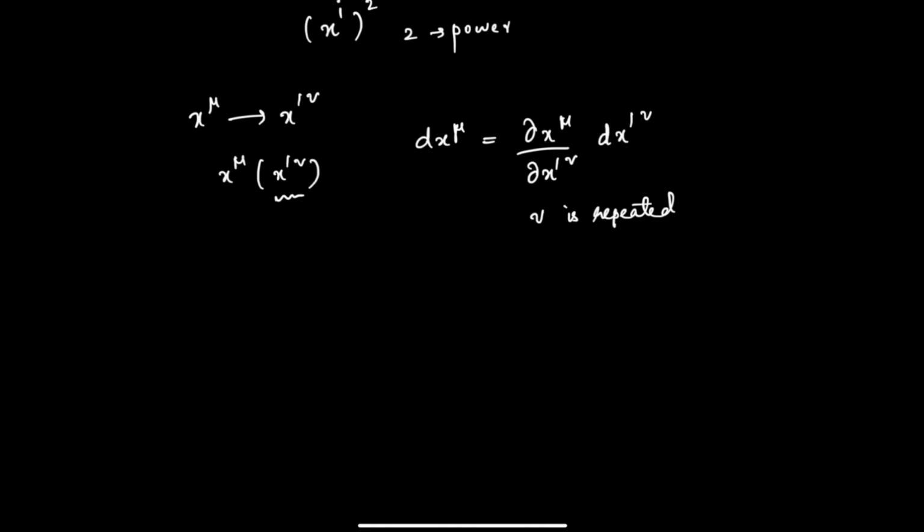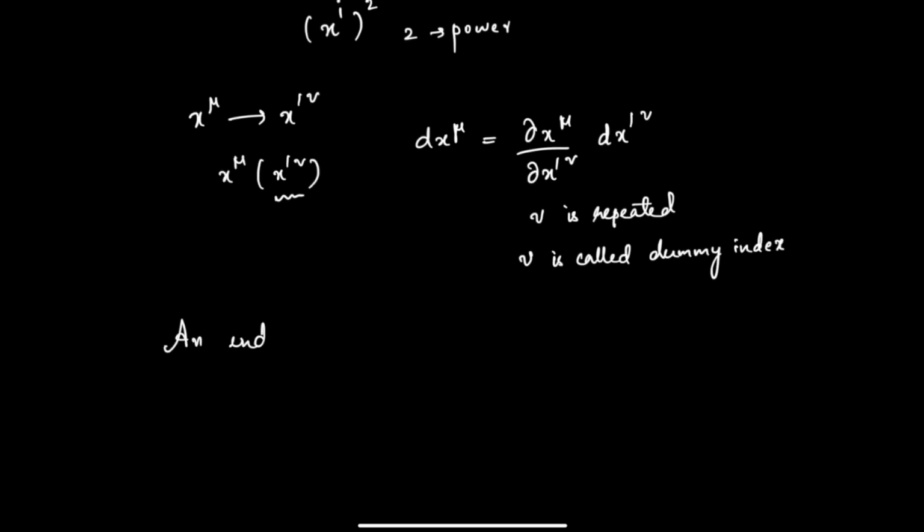So an index which is repeated and over which summation is implied is called a dummy index. Therefore here nu is called a dummy index. What is a dummy index?